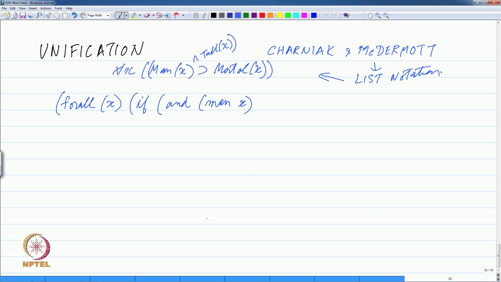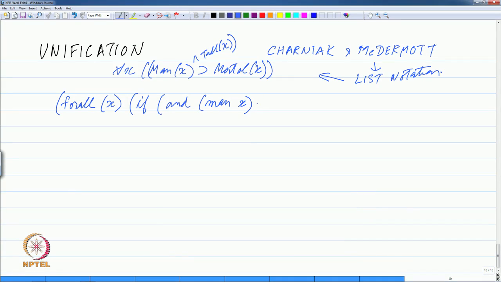So, I put the predicate symbol also inside the list, and the first element in the list is always the important thing. It is either a predicate or a function or a connective. If you keep that in mind, then you will remember this. The next argument to this is tall x, then I close the bracket to say that I finish with the AND part.